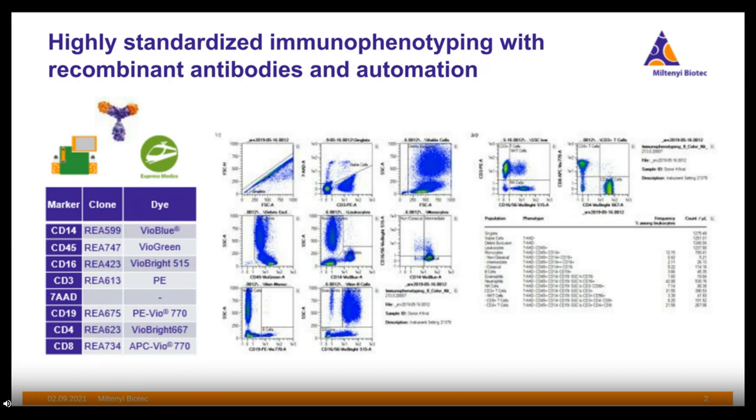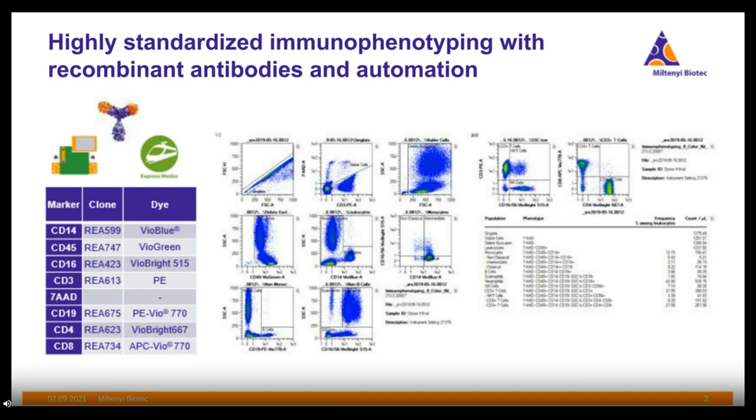You can also expect to see an accompanying data table, which you see on the right hand in the bottom, that elucidates further details on the cell subset percentage as well as the absolute. It offers you the absolute cell count features.